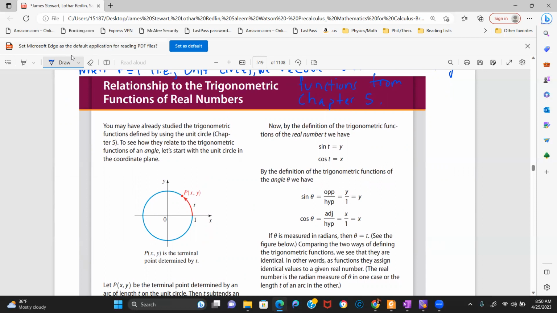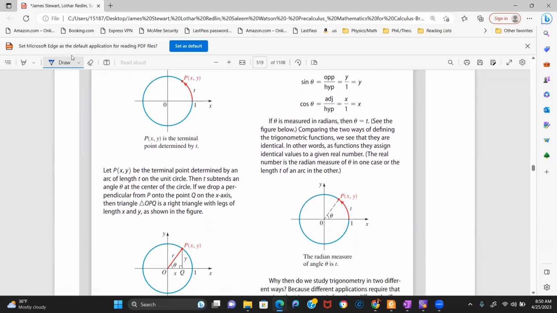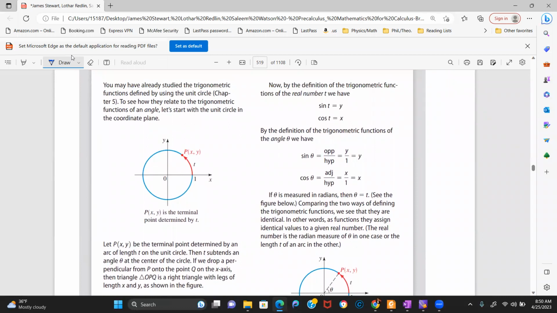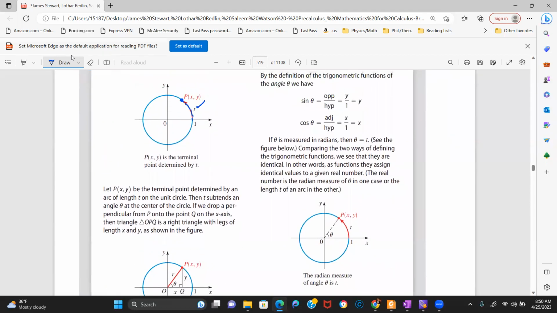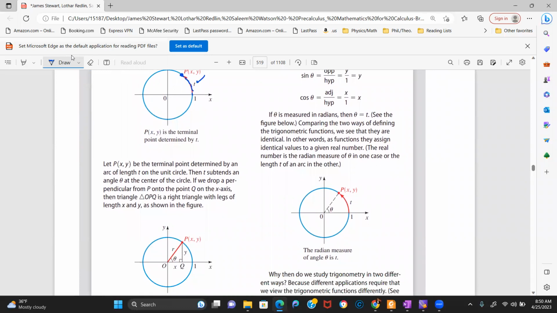You start with the unit circle, and I can give you a t value, and that says walk along the unit circle that many units, and you land here. But at the same time, you can also imagine that point is the result of taking the x-axis and rotating it through some angle theta right here.